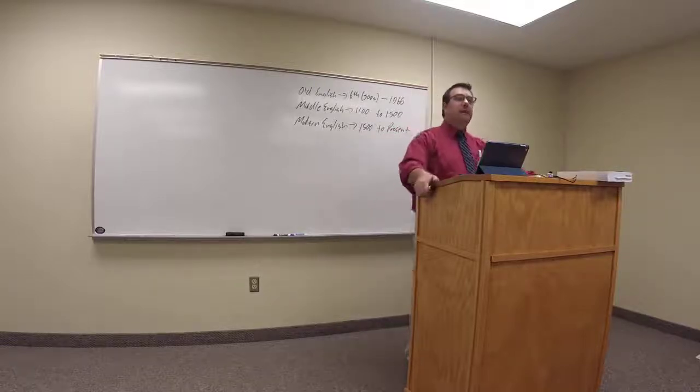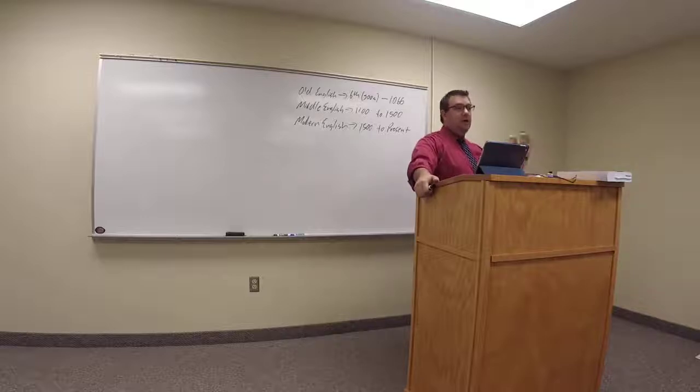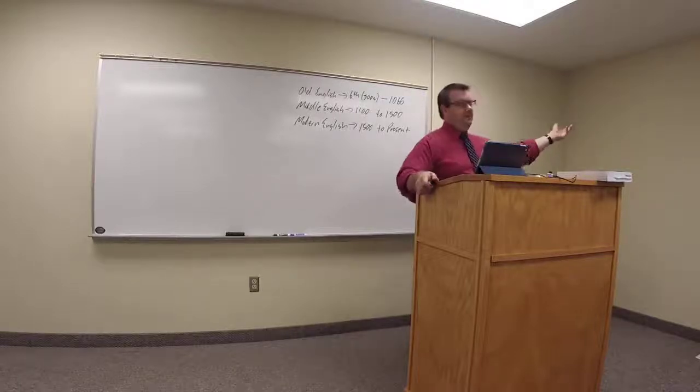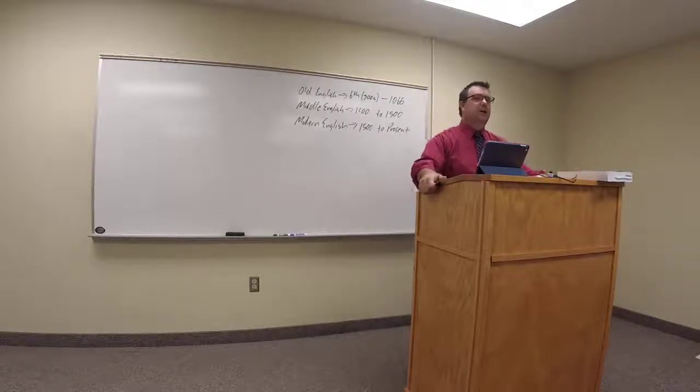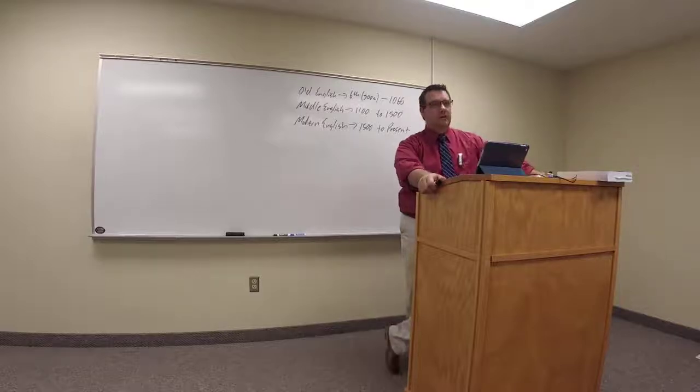Now, the King James Bible, as we'll see when we study it specifically, has some forms of speaking that we don't use anymore in 21st century American English, or even 21st century British English, which, by the way, they're not the same. Okay? The Brits to this day spell words differently than we do, right?